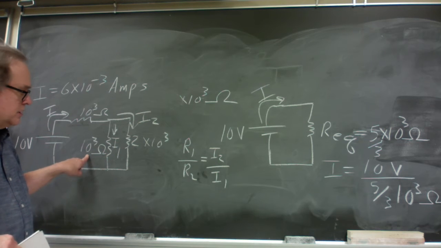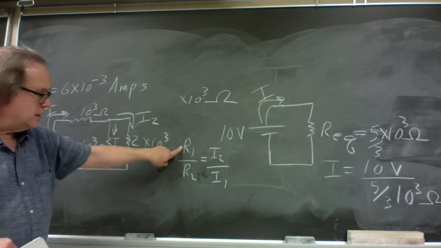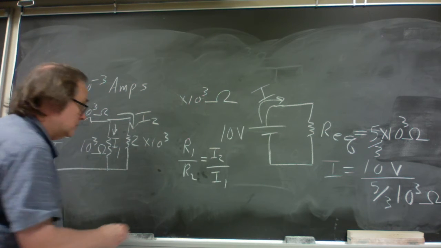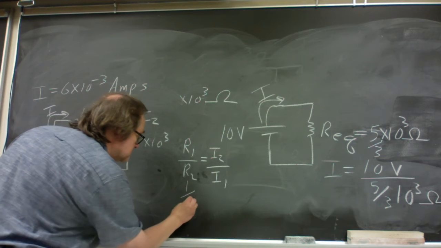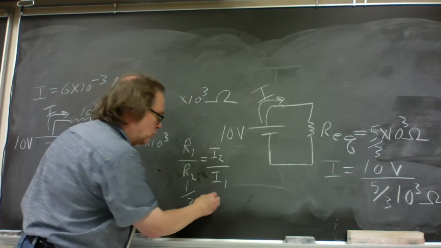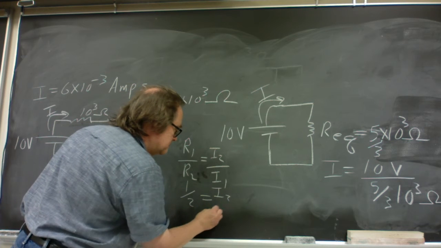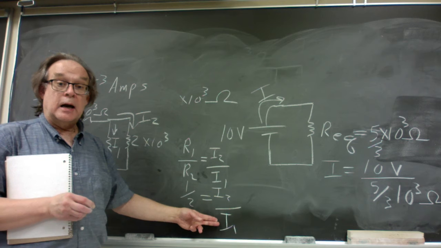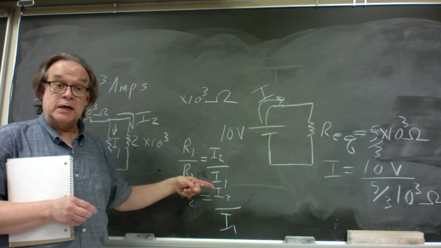R1 is 1 times 10 to the 3. This is twice as big as this, so this fraction is really just 1/2. So I2 over I1 is 1/2, which means I1 is twice as big as I2.